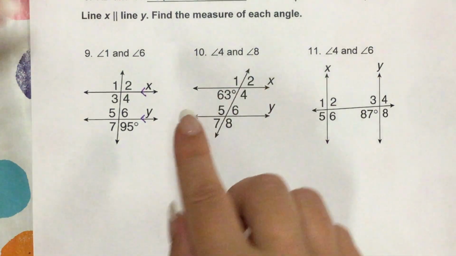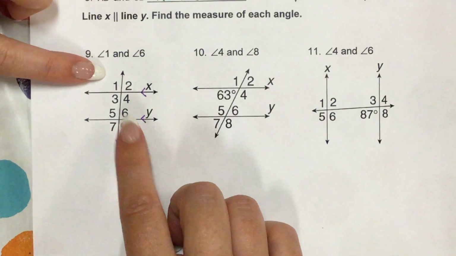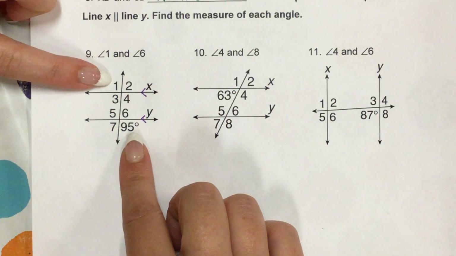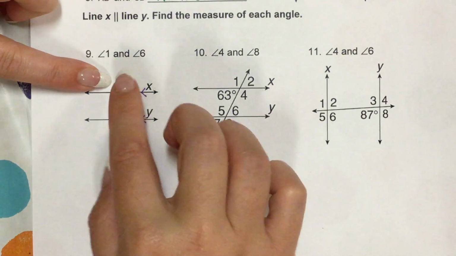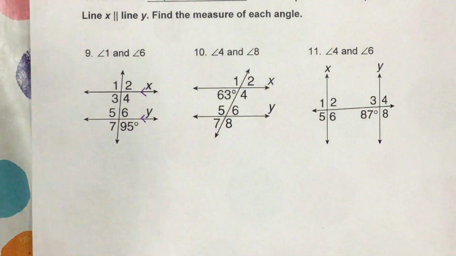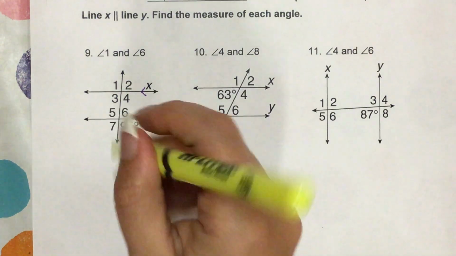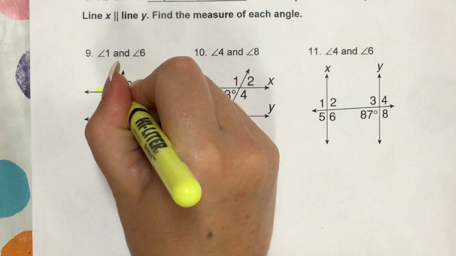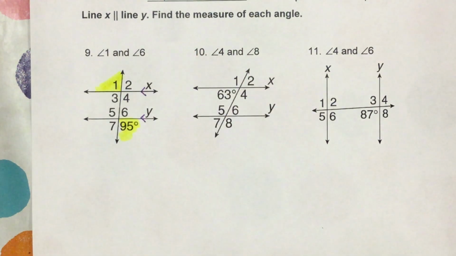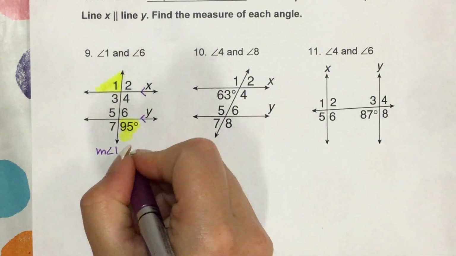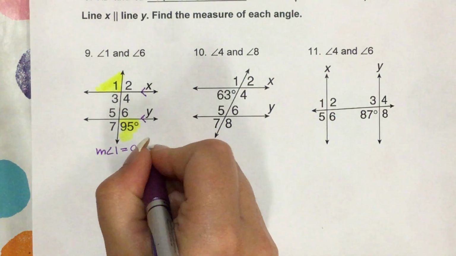What I notice is that angle 1 and the 95 are exterior angles on alternate sides of the transversal. That means they are alternate exterior angles, which means that the measure of angle 1 is equal to 95 degrees.